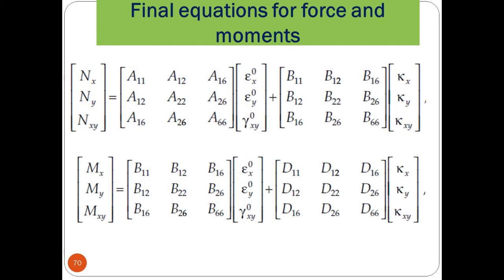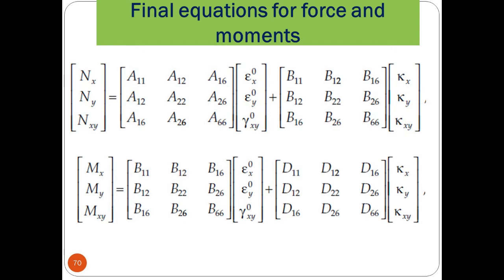So these terms we will redefine in the numericals also: how A11 has to be calculated numerically, how the B matrix has to be calculated, and finally how the D matrix has to be calculated. All these terms, the A terms, B terms, and D terms, will be calculated with the help of the reduced stiffness matrix.